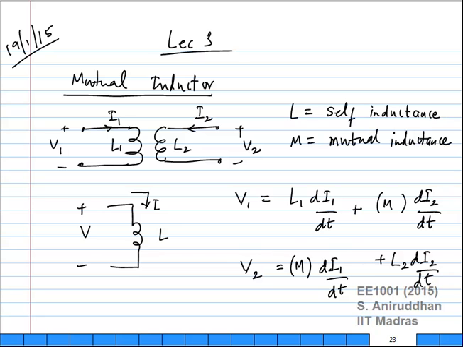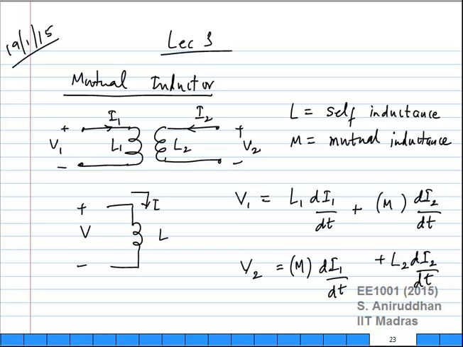The current and voltage relationships between the current through the inductor and the voltage across the inductor are related in a specific manner, through the self-inductance L, right? And you can take a second coil, and its voltage and current relationships can also be defined.